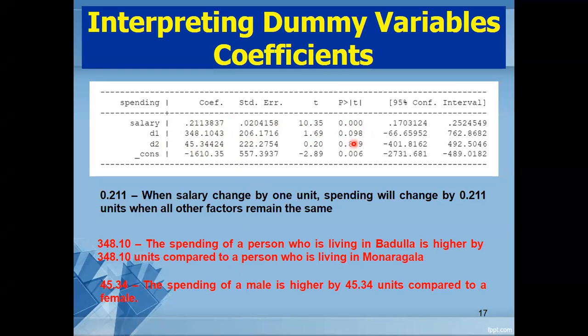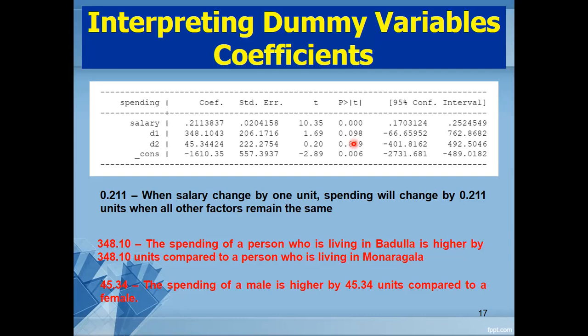What do you mean by this? D2 means gender, and the gender dummy variable is not statistically significant. This indicates that gender is not an important factor in explaining household spending.